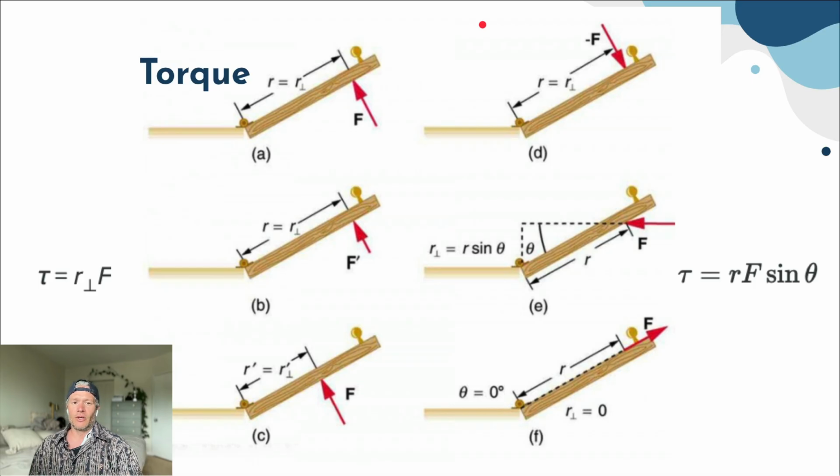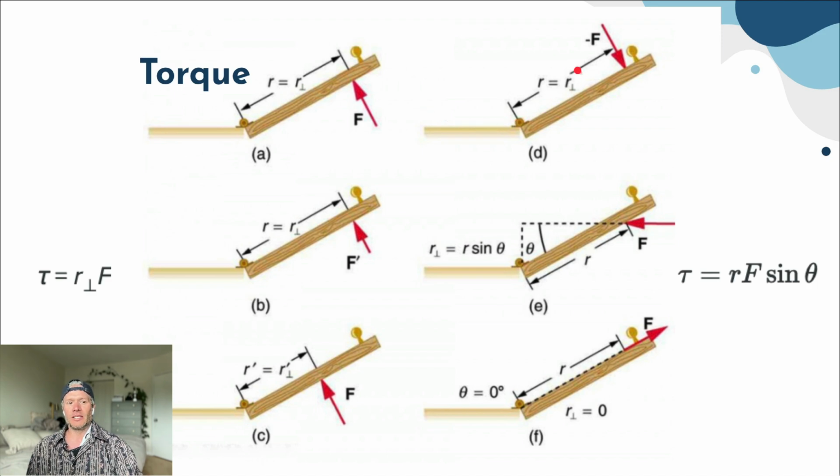Okay, the other thing that we should note still is these forces are happening at 90 degrees. So another way to say that is when we have a sine of 90, we essentially get a value of 1. So whatever we're multiplying our R and F value by would be 1 because sine of 90 is 1.